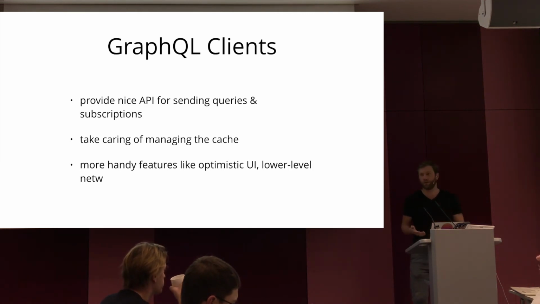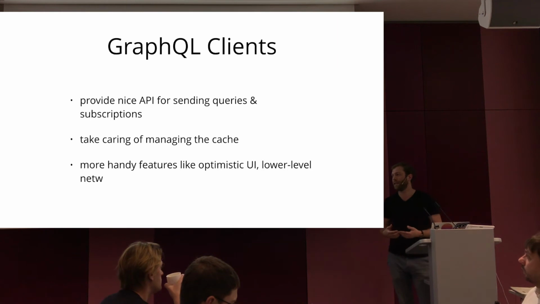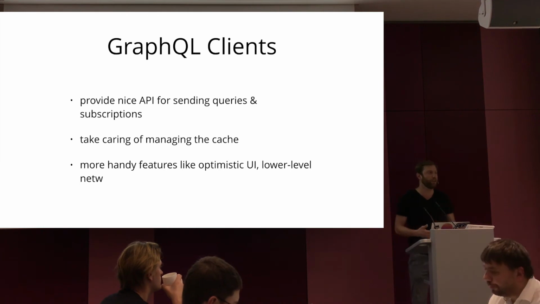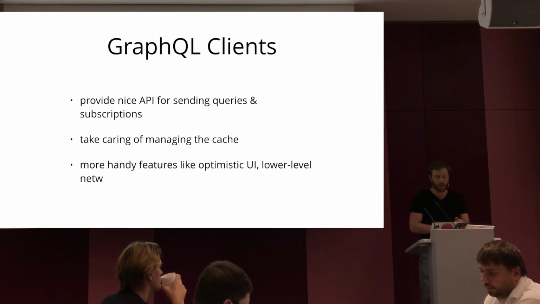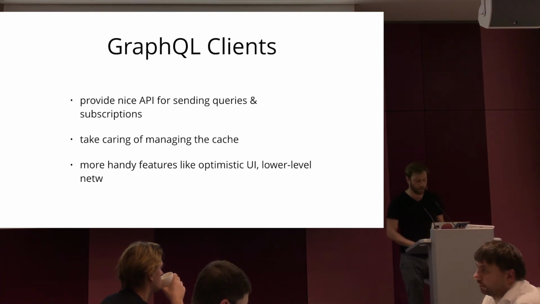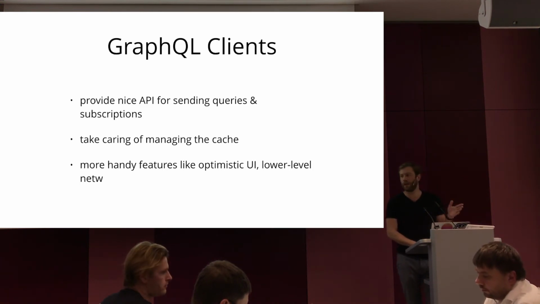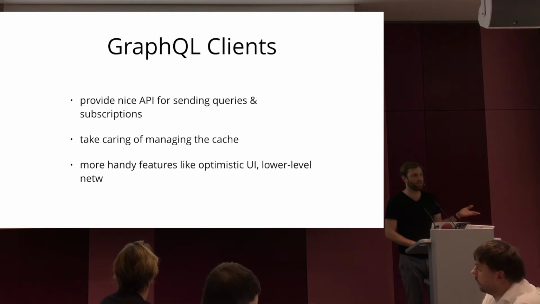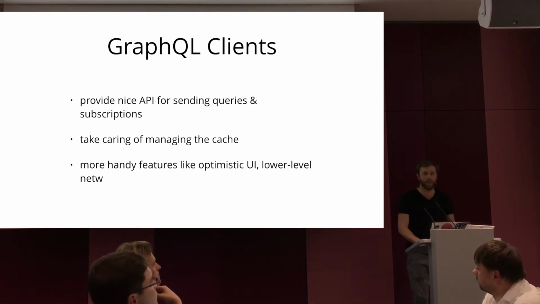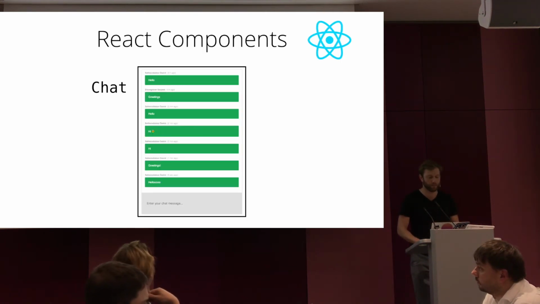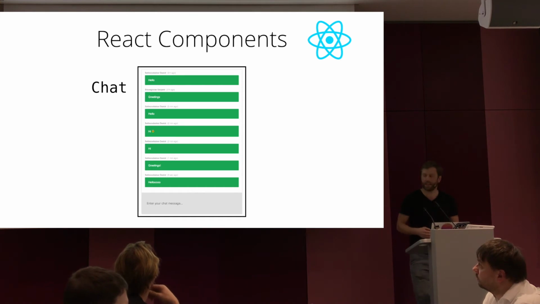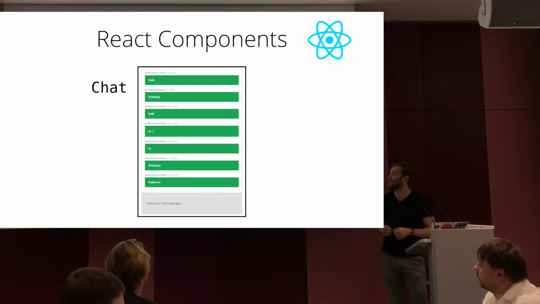So what we're going to use today is the Apollo client. Apollo client provides a much better getting started experience, especially if you're not yet familiar with GraphQL. Overall, just a really nice workflow. And they actually just released Apollo Client 2.0 just last week or the week before, and that's also what we're going to use today. So let's take a quick look at the application that we're going to build.